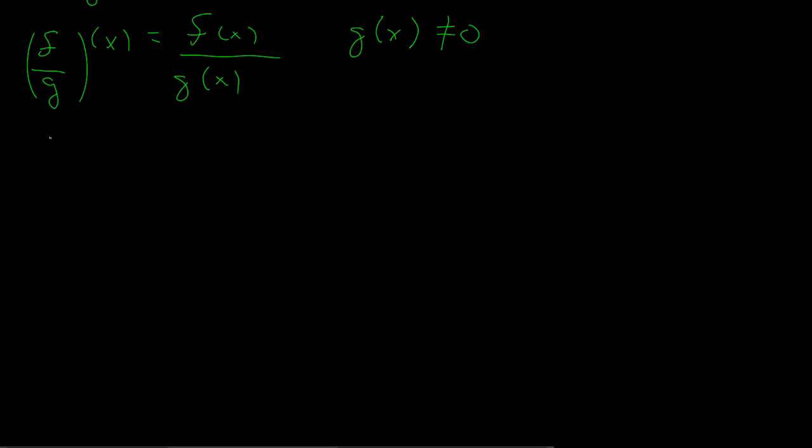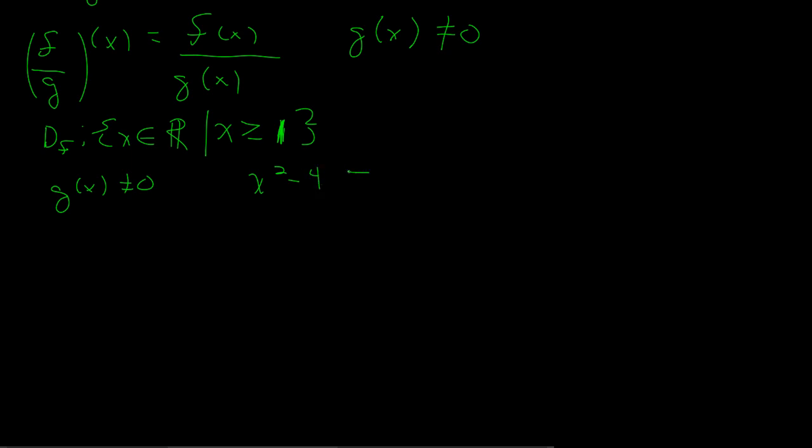There's a lot of focus in function algebra on the domain restrictions and those domain mappings to range. So f of x gave the domain restriction that x was in all real numbers and x had to be greater than or equal to 1. Now this new function is going to have a domain restriction where g of x can't equal 0, and g of x was x squared minus 4.